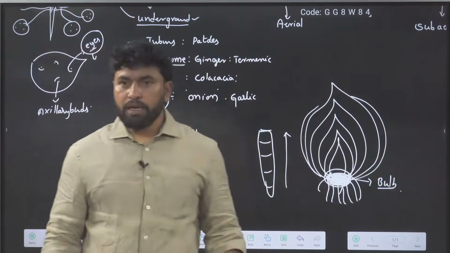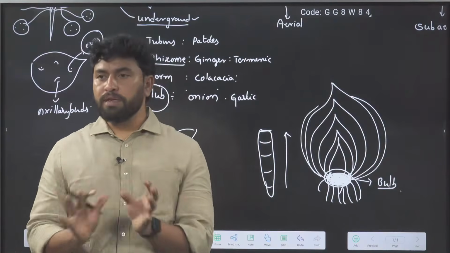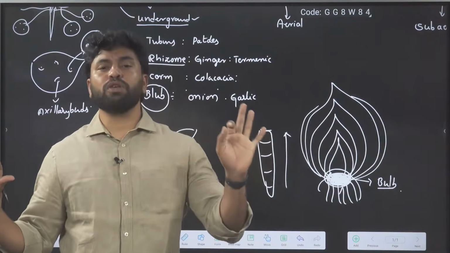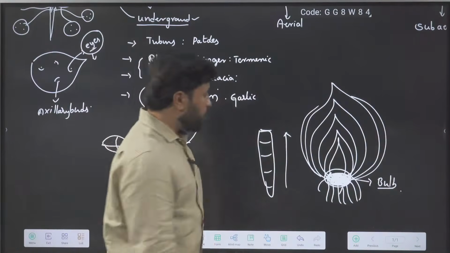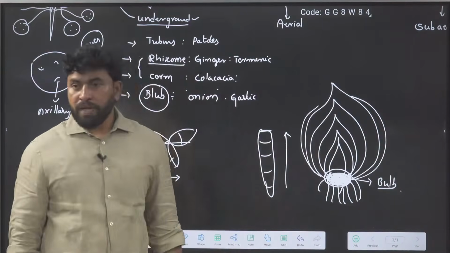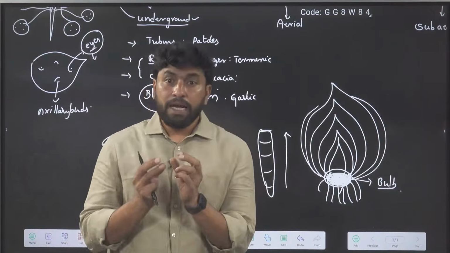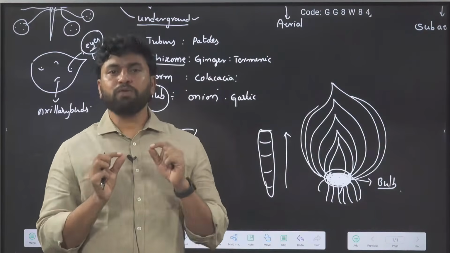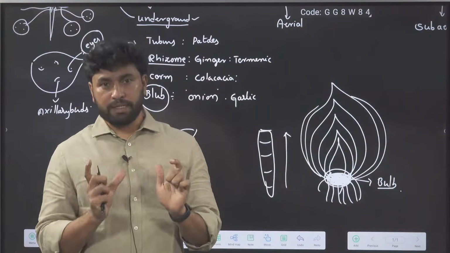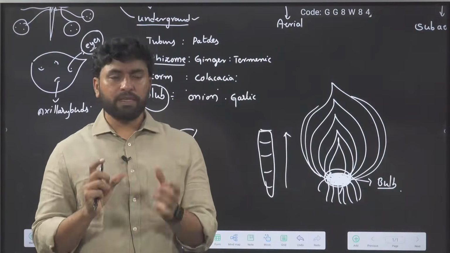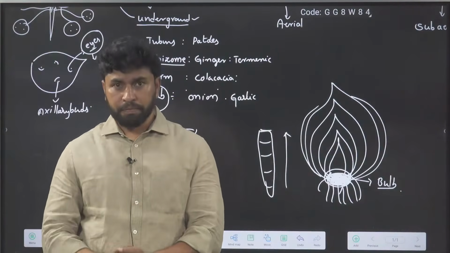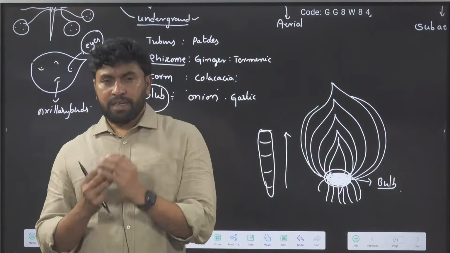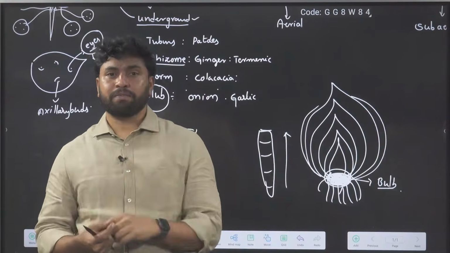Keep it in mind. Out of all underground stems, the bulb does not store food, and it produces scaly leaves, and on the top of the stem, leaf bases. Actually, in the onion, what we eat is the leaf base. Inside the leaf base, there is a storage of food. You know, green onions are leaf.